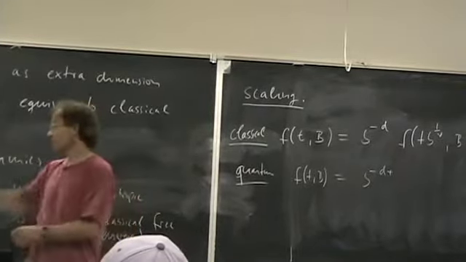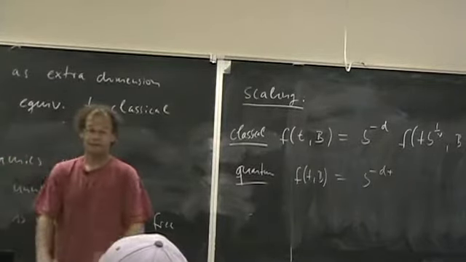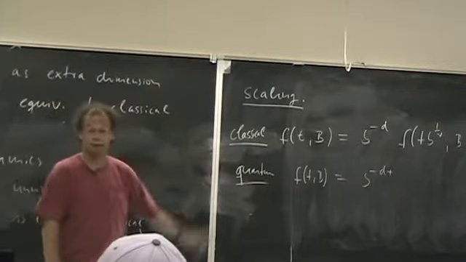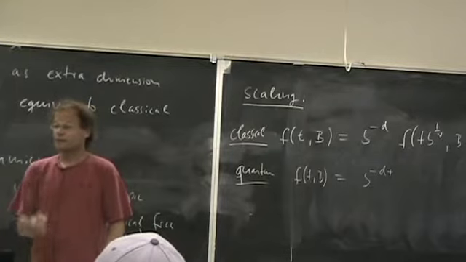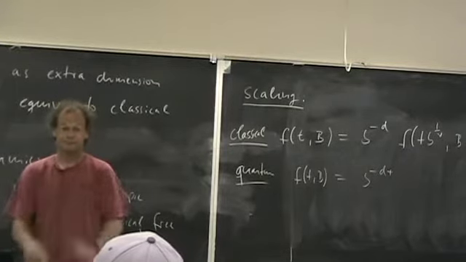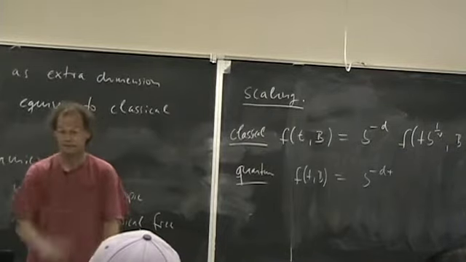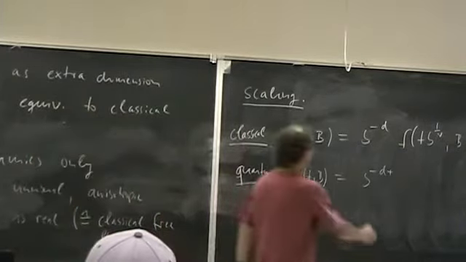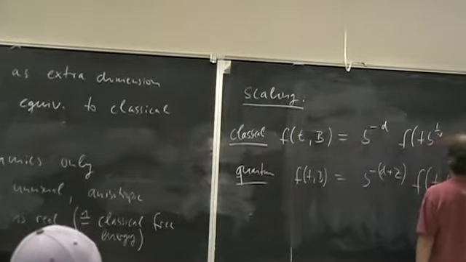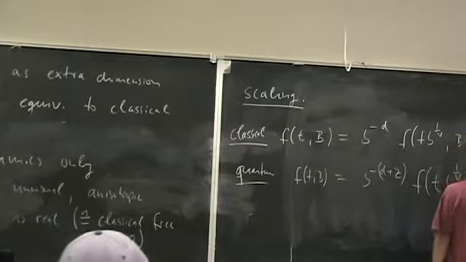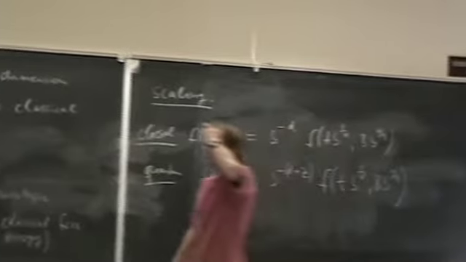And that's the case for our toy model. In general, space and time will enter asymmetrically, so it will not be d plus 1, but d plus something, and we know what that something is from yesterday. We need the exponent that relates the length and time scales. Because one time dimension will count not as one space dimension, but as z space dimensions. So it should be d plus z here, and otherwise it's the same thing. That's a simple generalization of scaling.